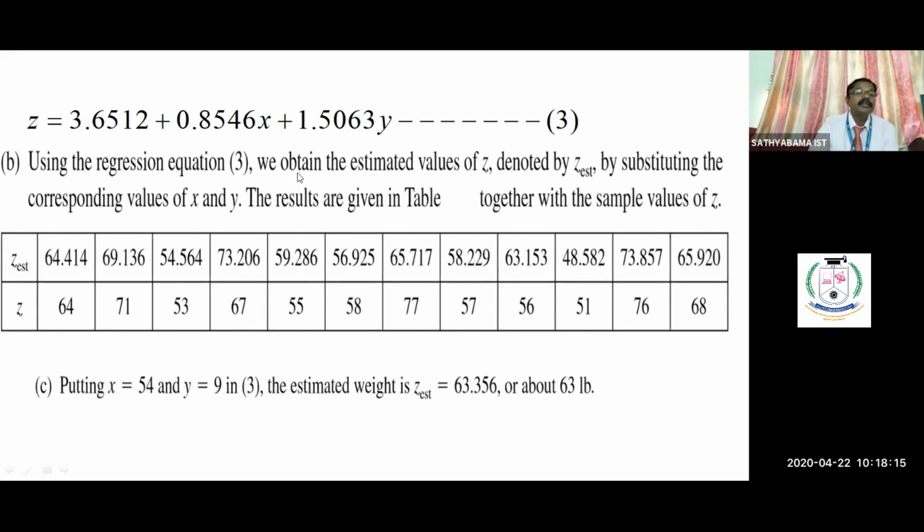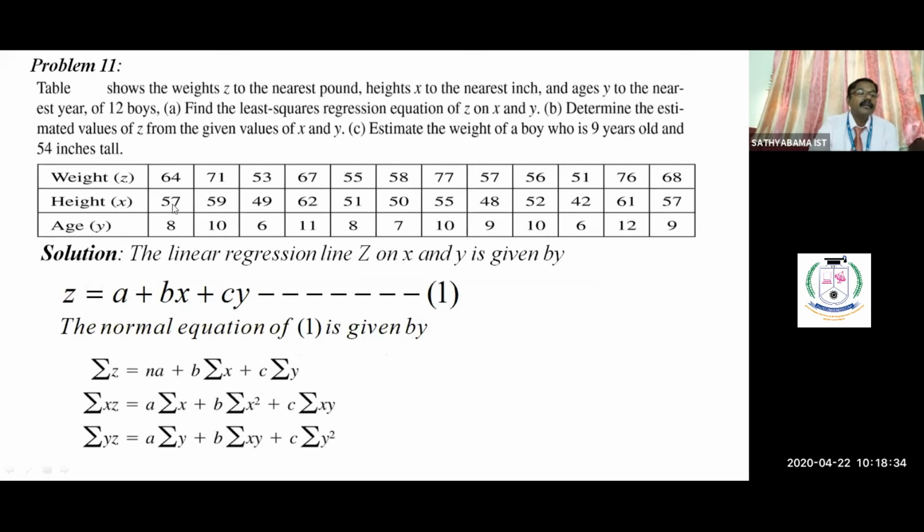Second part, we are asked to find the estimated value. We write z estimated. From the table, you know the relation of z equal to this value, equation 3. See the table, what they have given here. This is the value of x, y.